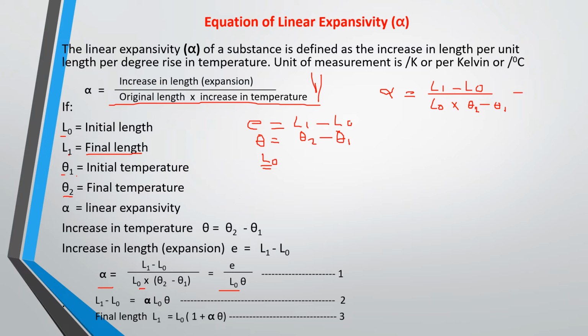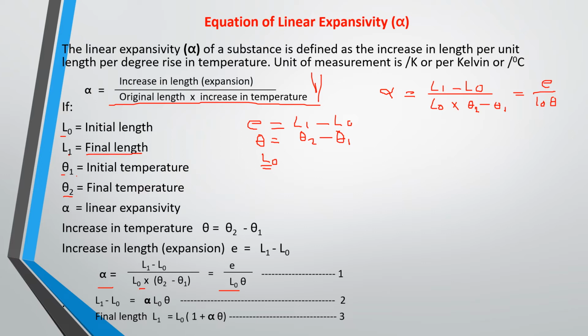So this one, you can also write as expansion all over original length times change in temperature. Is that okay? So depending on the equation that you are given, you can actually apply them differently.